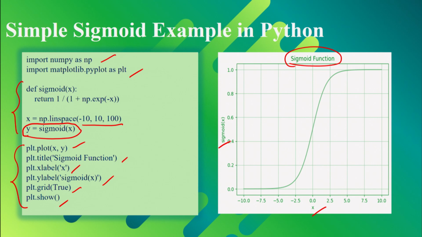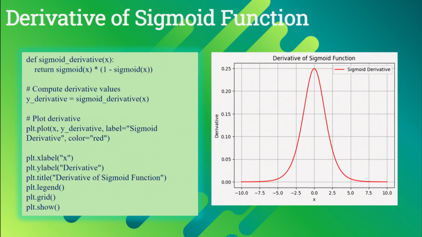Here the output signifies that it is an S shaped graph, where it converges smoothly in the range from 0 to 1. Moving on to the second example, which gives us the derivative of a sigmoid function. We already understood that the derivative of a sigmoid function is given by the formula sigmoid of x into 1 minus sigmoid of x.